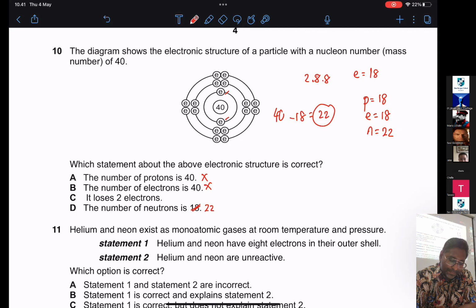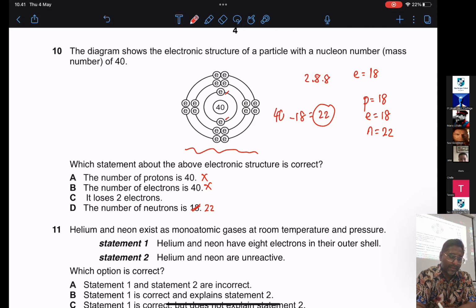Not really. Number of neutron we calculated 22. The diagram shows, okay, nuclear number 40, proton 40, definitely wrong. Electron 40, definitely wrong. It loses 2 electrons. Actually, it doesn't lose 2 electrons.